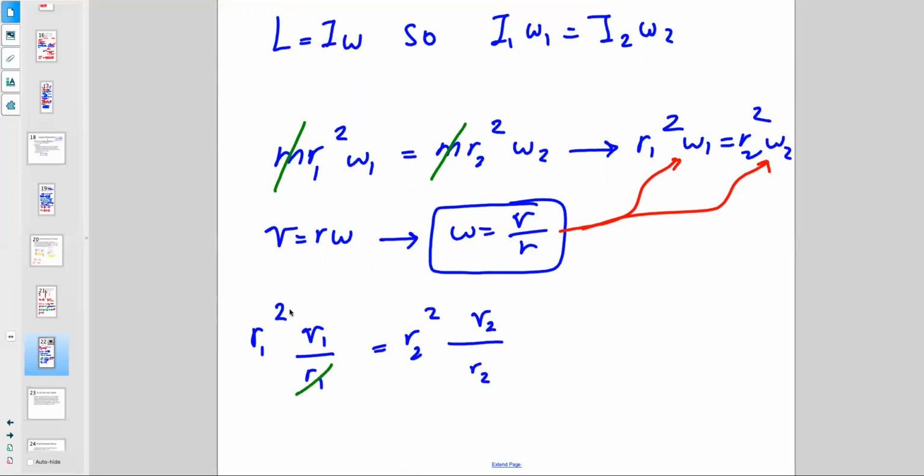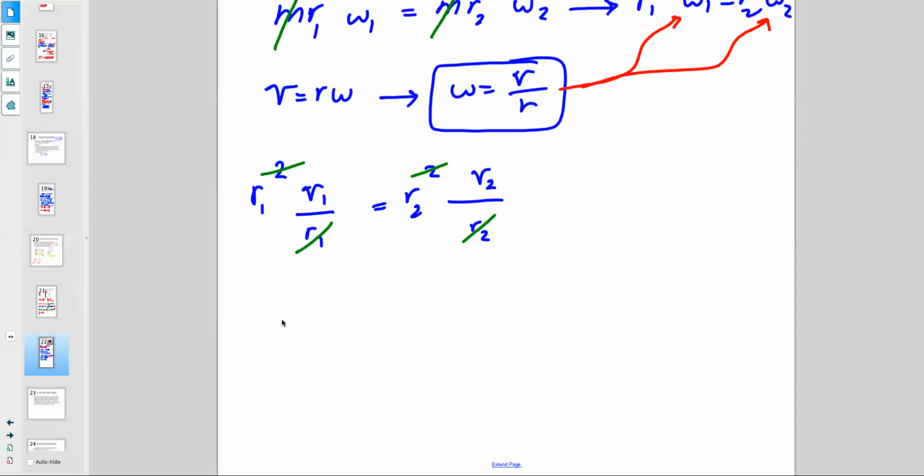So this r1 and this r1 squared will cancel. This r2 and this r2 squared will cancel. So what I have here is r1 v1 equal to r2 v2. Okay.